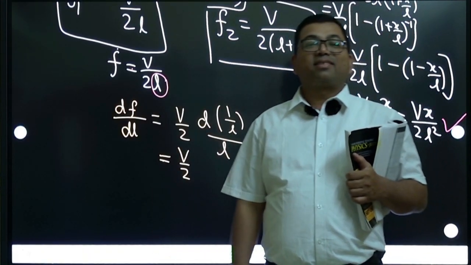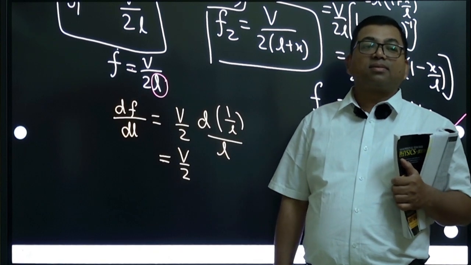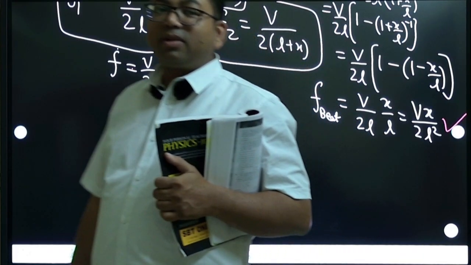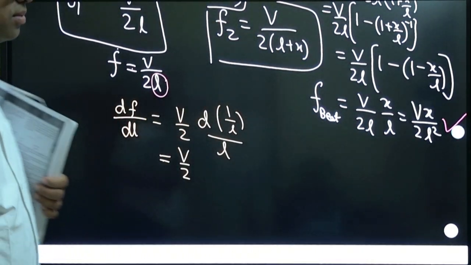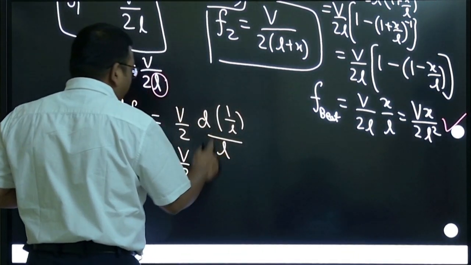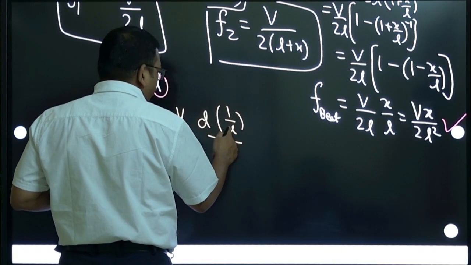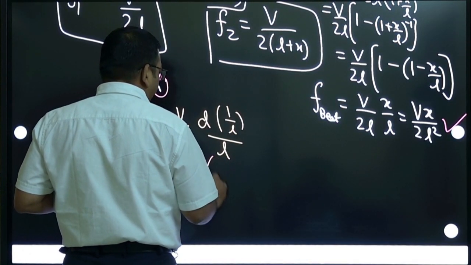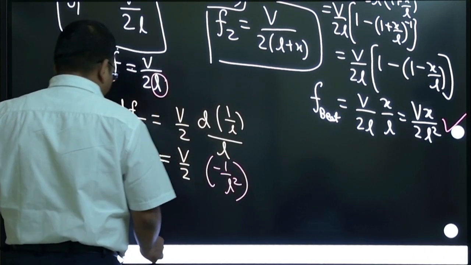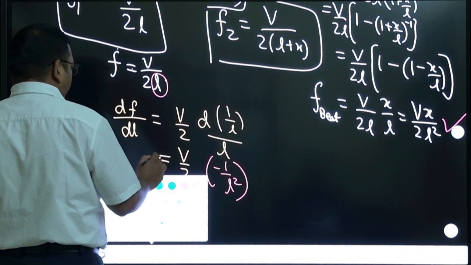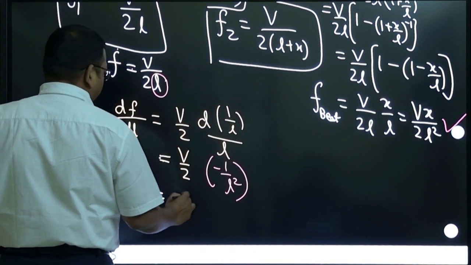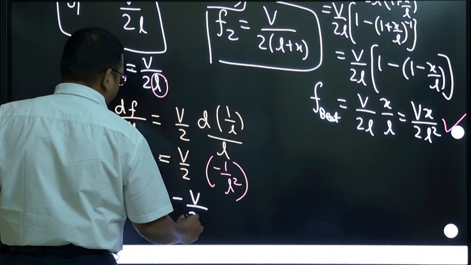It is minus 1 by x square, right? So when you differentiate 1 by l with respect to l, you get minus 1 by l square.